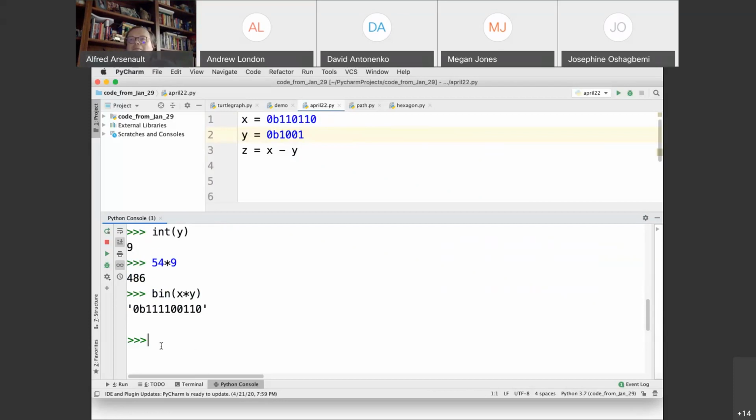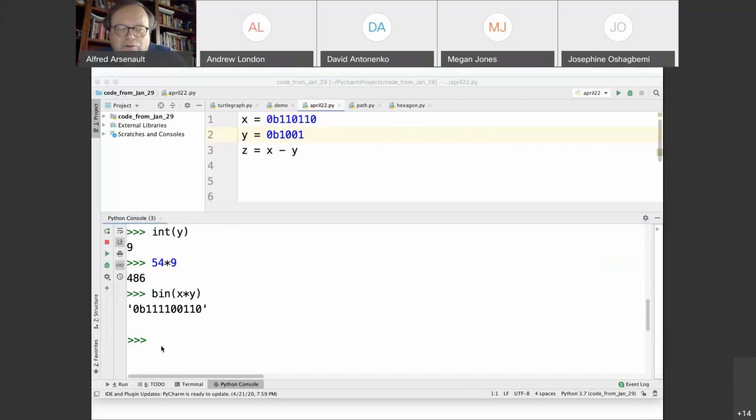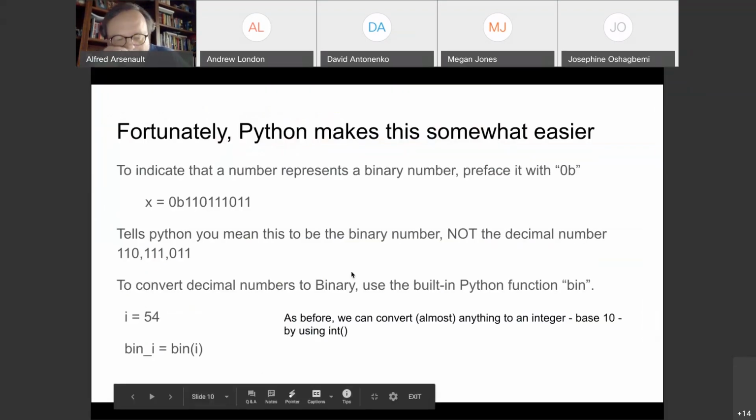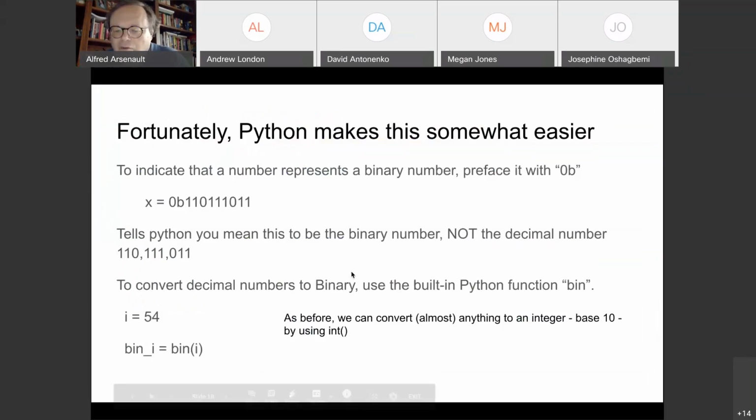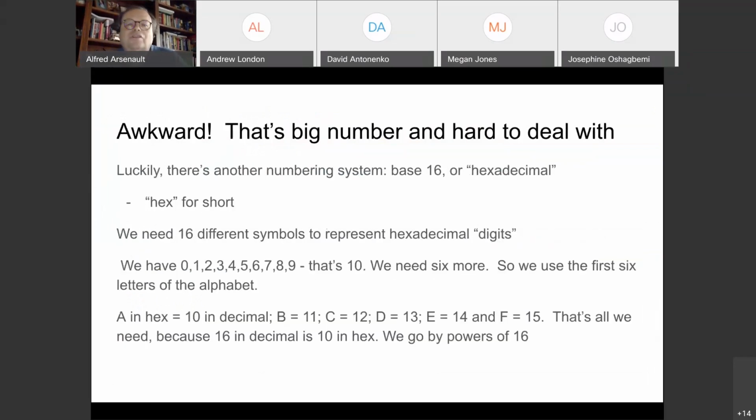Now, let me go back and cover something before I jump to that. Binary is not practical to use, other than when you're doing it actually on a machine. Binary is just something that you're never going to deal with. You're going to use hexadecimal.